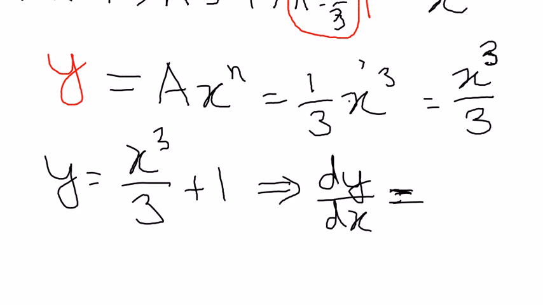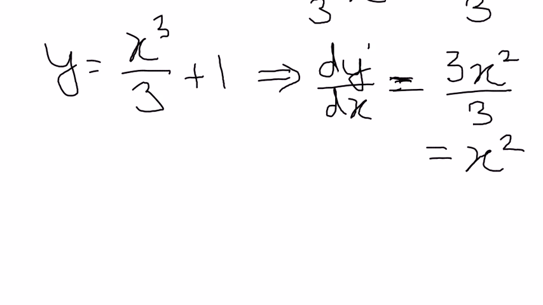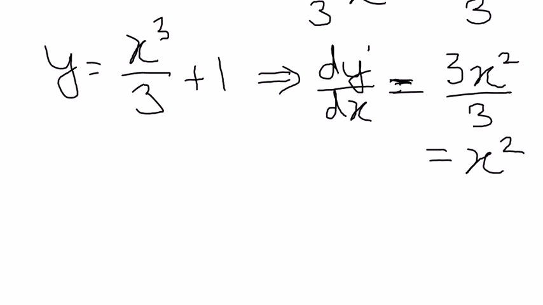It will still be equal to x squared, because the derivative of x cubed is 3x squared divided by 3, and the derivative of 1 is 0, so this is x squared. So x cubed over 3 plus 1 is also an antiderivative of x squared, so we can have many antiderivatives of the same function, but this happens only when we have a number here like 1, or it could be 2, or it could be 5, or any number.